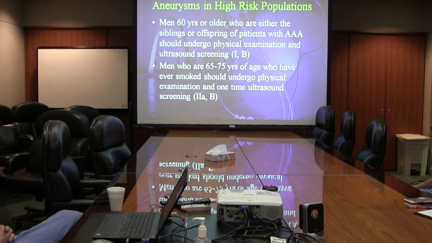So if your brother or sister has an aneurysm, you're over 60, your parents have an aneurysm, you probably, now these are guidelines, which are different than what insurance or Medicare will pay for, okay? But this is a guideline, so everyone agrees, that's class 1. Everyone agrees that if your mom and dad have one, your brother or sister have one, you're older than 60, you should get an ultrasound.